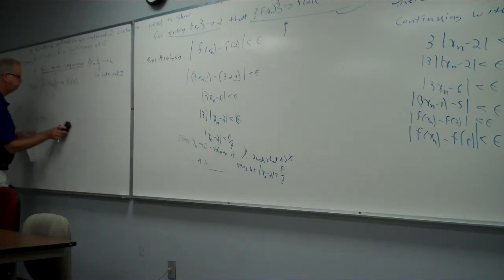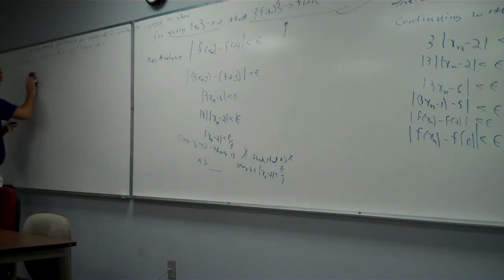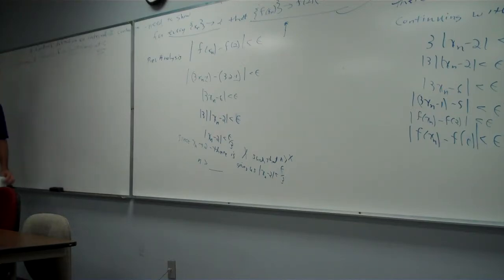Now, the idea of continuity we've looked at so far has been continuous at one specific point. In this example, we looked at 2. In a very real sense, this argument could be modified to work for any other point.